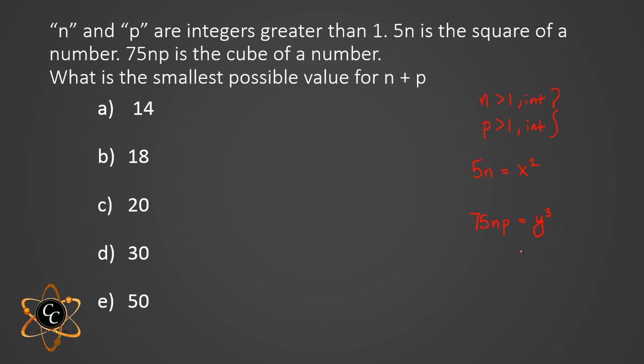In order for this to remain valid, we know that if we take the square root of 5n, that must be equal to an integer x. So in order for this to be true, we need n to contain at least a 5 and something else squared.